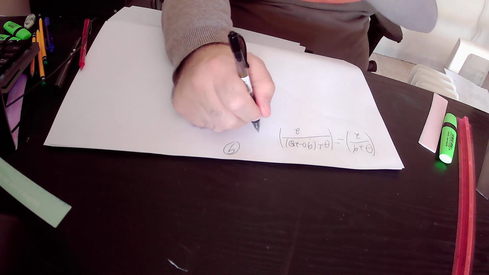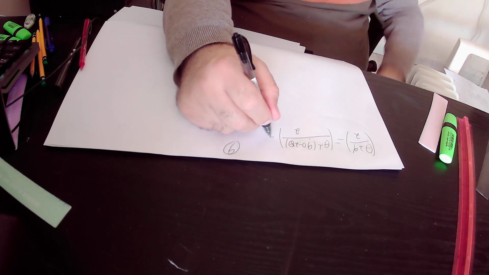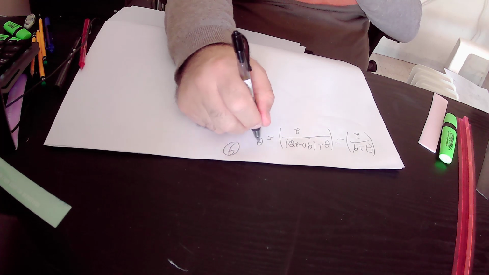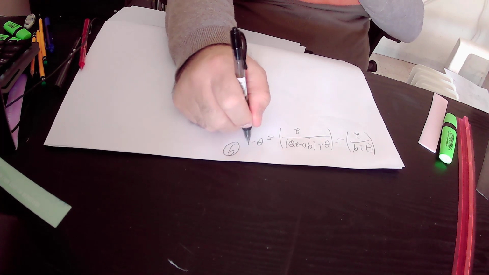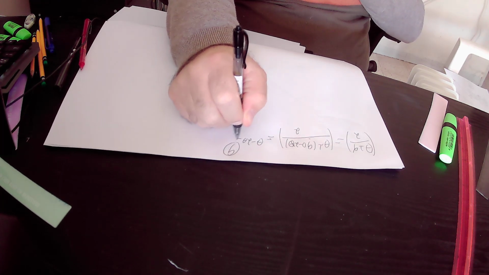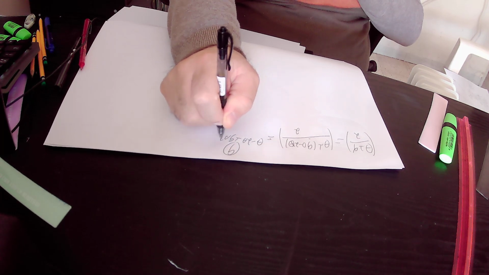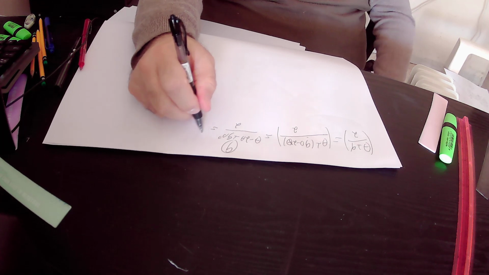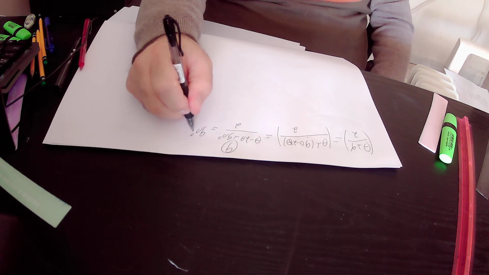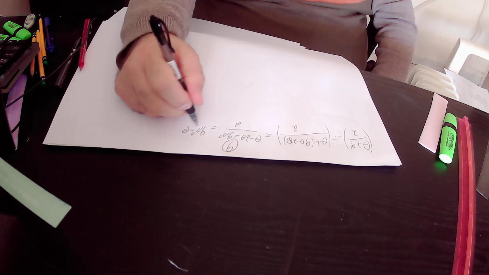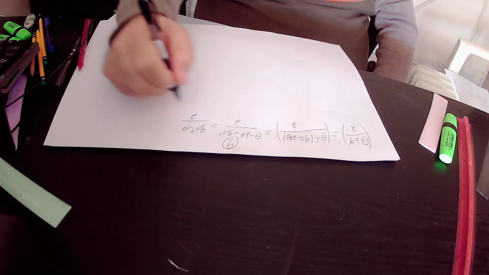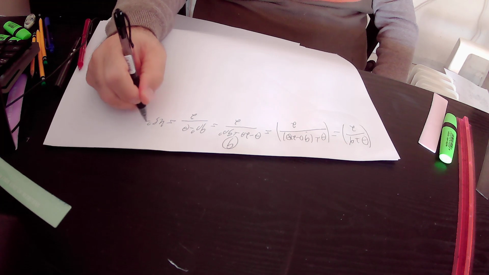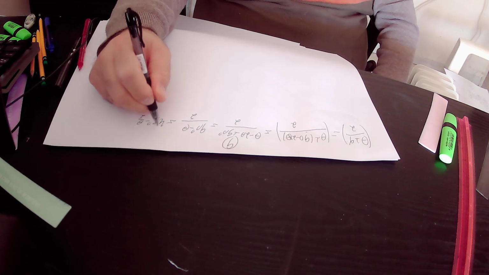Here we will open the brackets and we'll get that theta minus 2 theta plus 90 degrees, over 2. Theta minus 2 theta is minus theta over 2. 90 degrees over 2 is 45 degrees minus theta over 2.